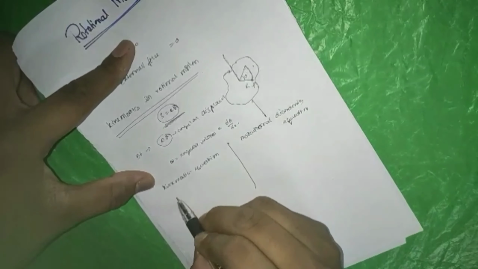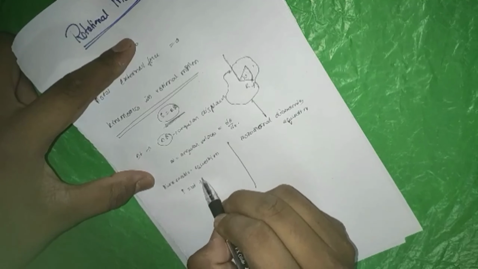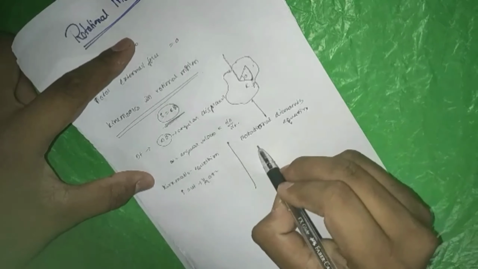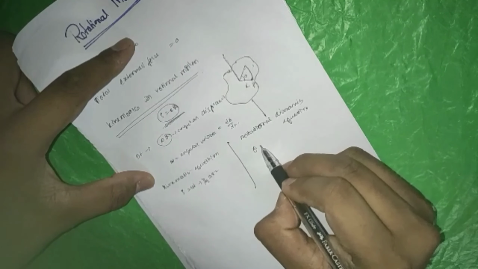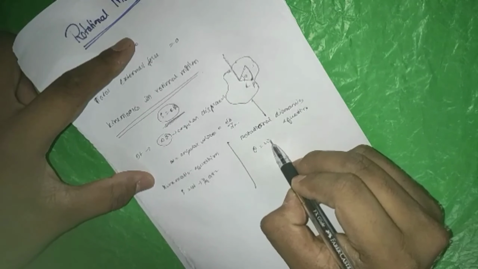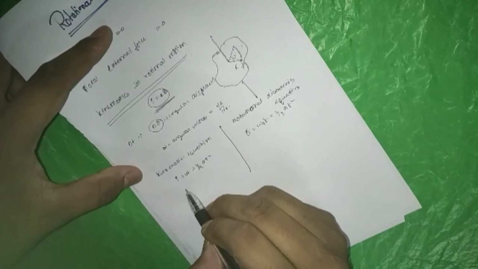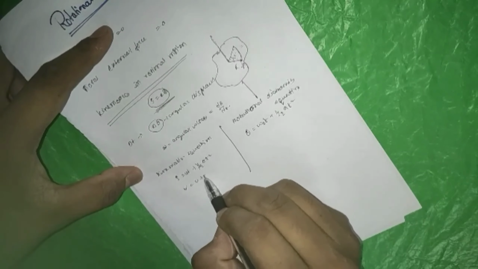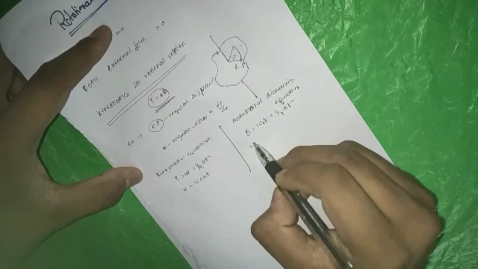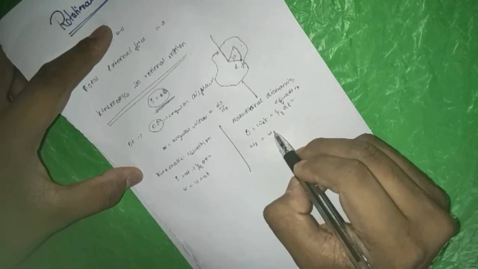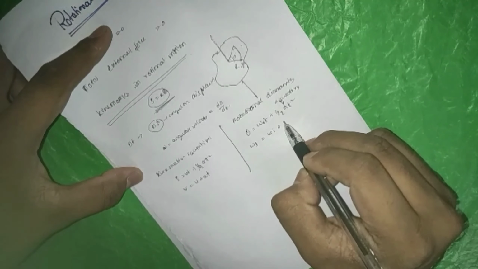What is the analog? S equal to ut plus half at square. Here we write theta is equal to omega naught t plus half alpha t square. V is equal to u plus at becomes omega final is equal to omega initial plus alpha t.